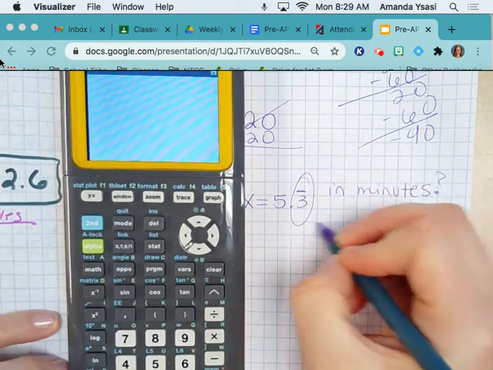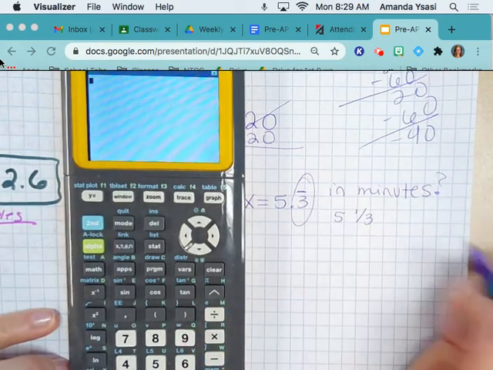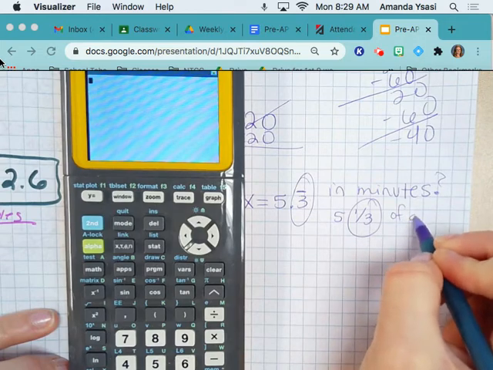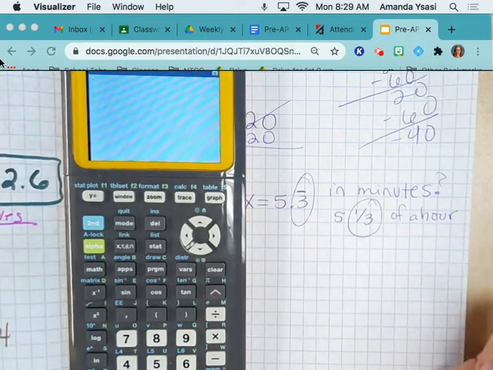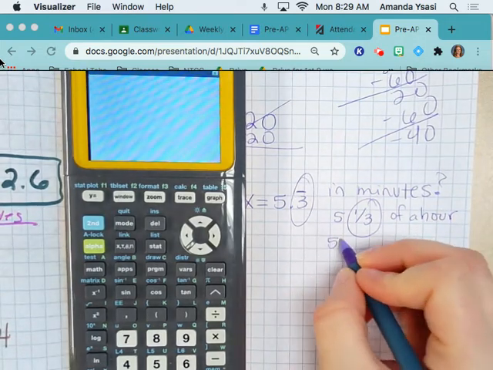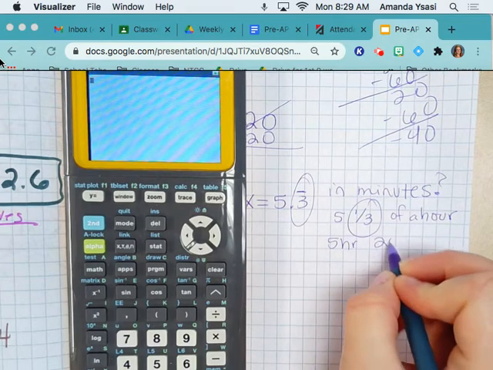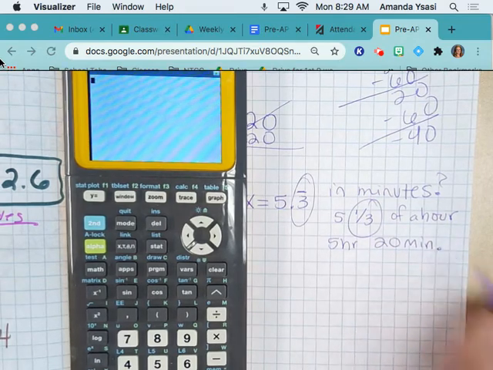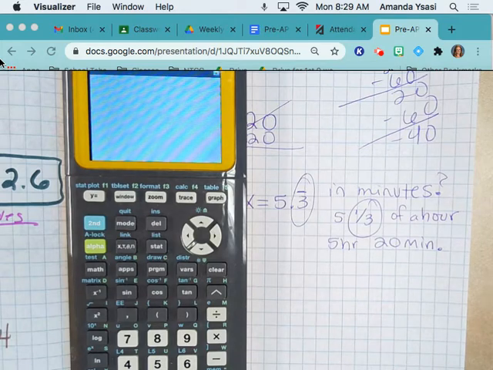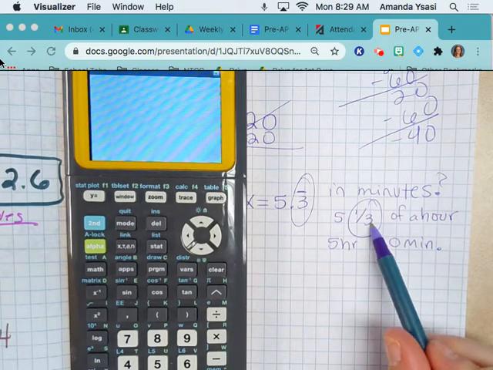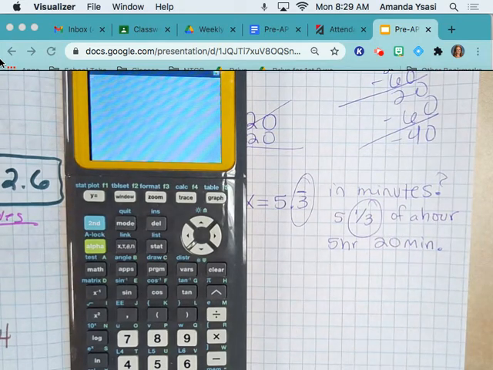This is really 5 and 1/3 of an hour. What's 1/3 of an hour? 20 minutes? Yep. So it'd be 5 hours, 20 minutes. One third of an hour, which would be 60 divided by 3, which is 20.